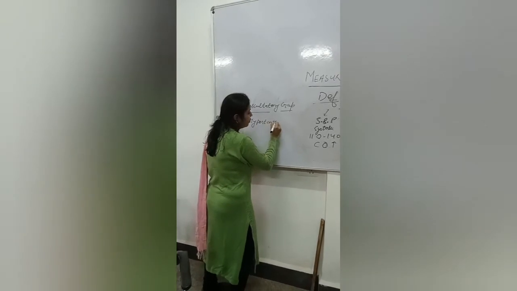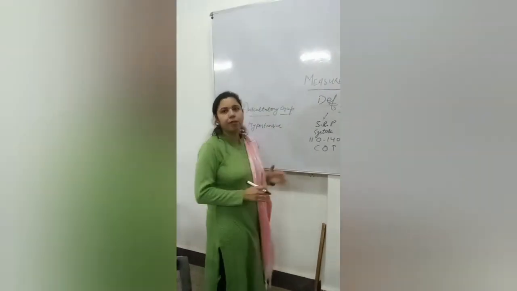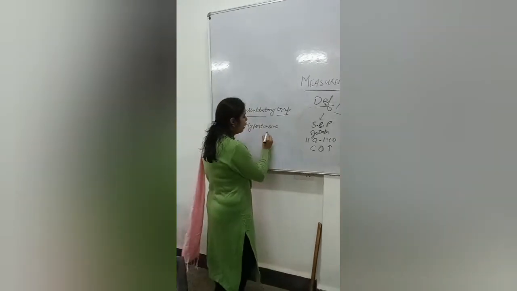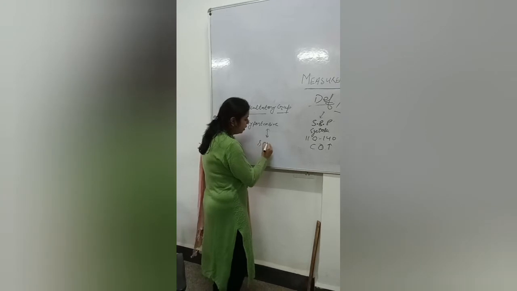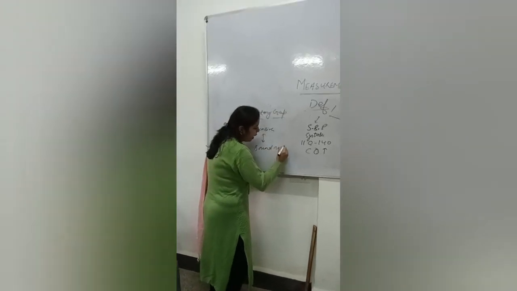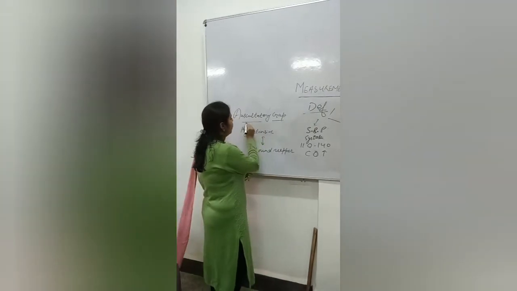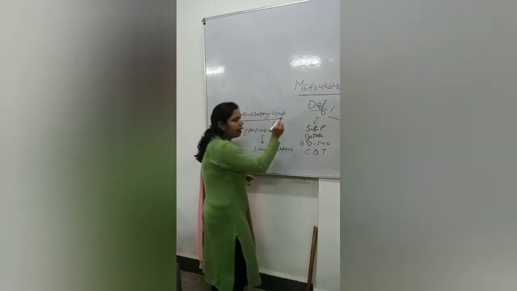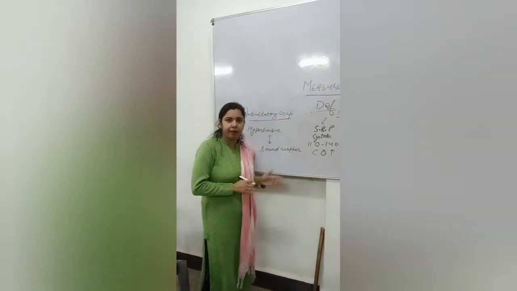After the first appearance of sound, there is a gap for a few seconds, and again the sound reappears. This gap at which the sound disappears for a few seconds is marked as the auscultatory gap, and it can be prevented by taking a rough reading by the palpatory method.